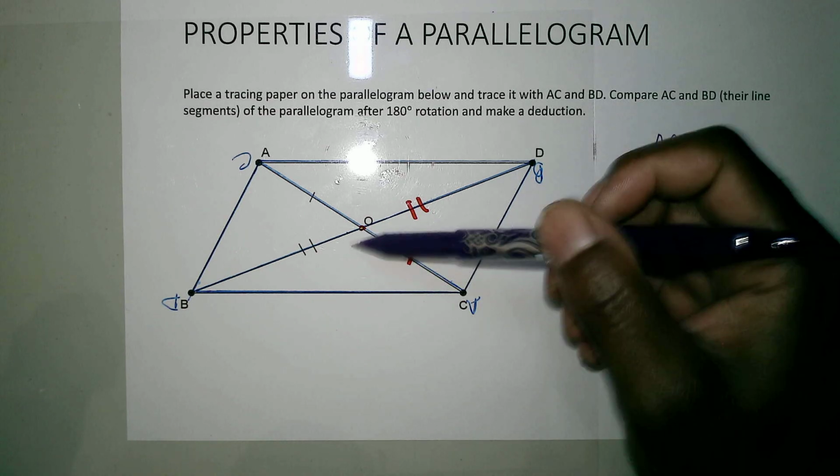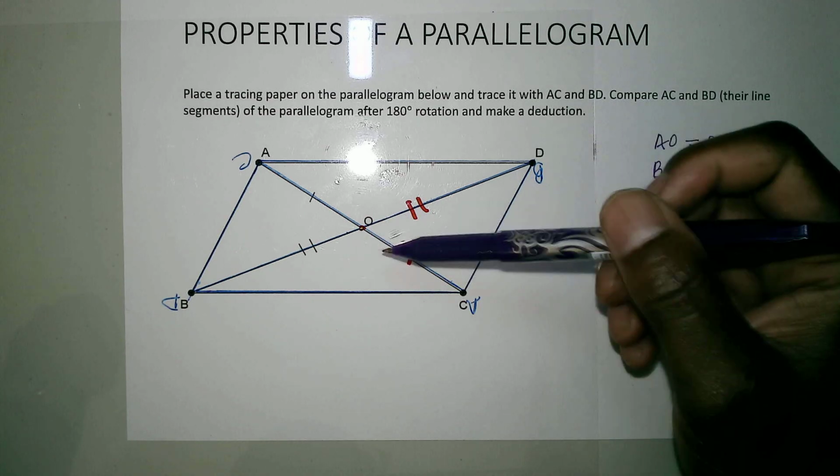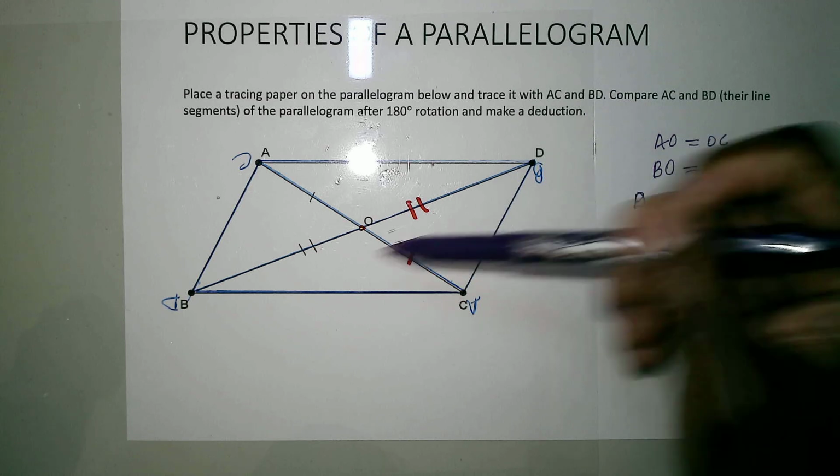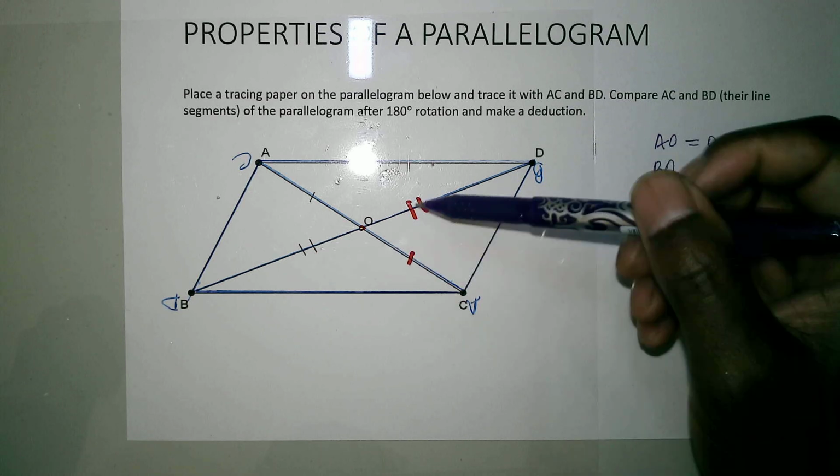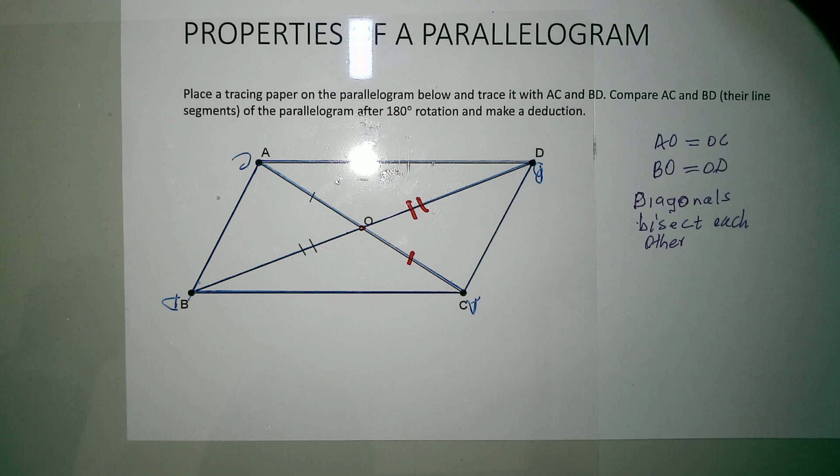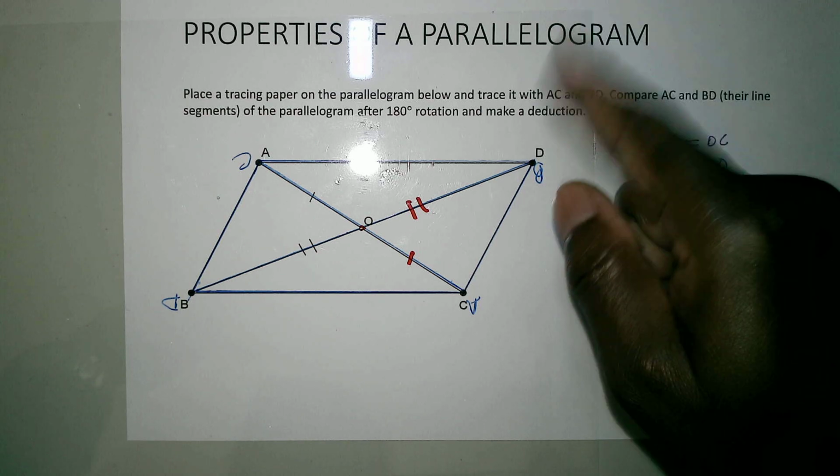One thing you shouldn't forget, the properties of a parallelogram: opposite sides are also parallel, opposite angles are equal, and the diagonals bisect each other.